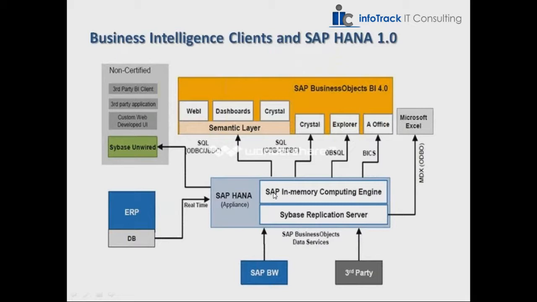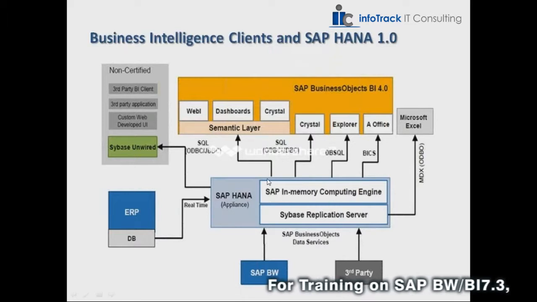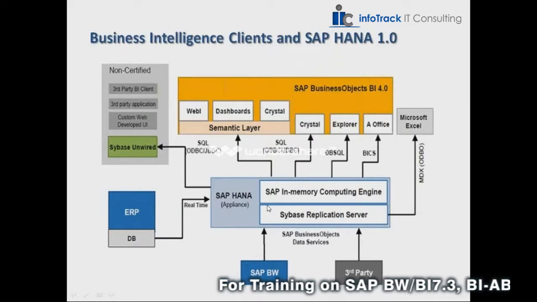Whenever we want to do detailed reporting, OLTP reporting or real-time reporting, we can use all these applications. This is the OLAP layer, which will contain all the reporting tools.